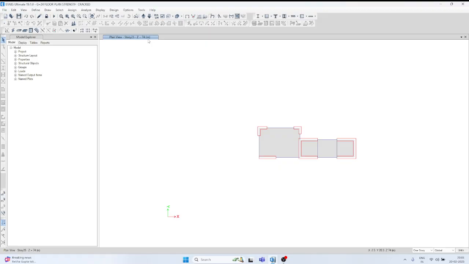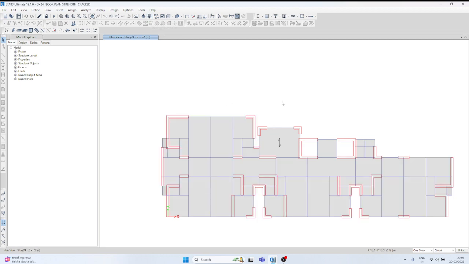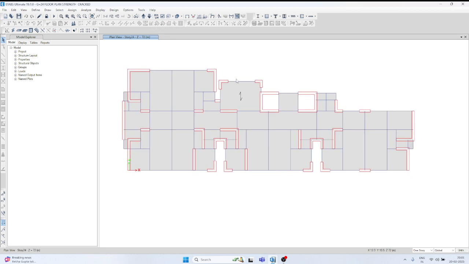Then 74 into 1000 divided by the least lateral dimension of the structure. Least lateral dimension means from here to here this is the x-axis, and from here to here this is the y-axis. With the help of the plan we can already see that the minimum distance will be on this side. So 74 into 1000 divided by this distance.